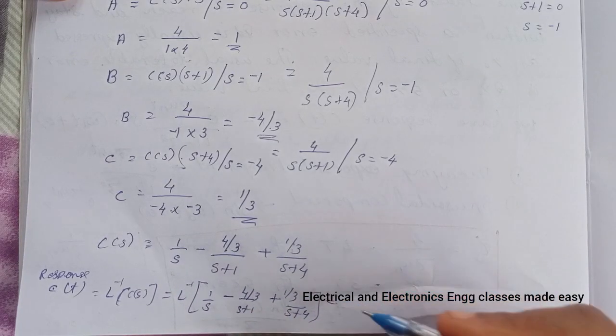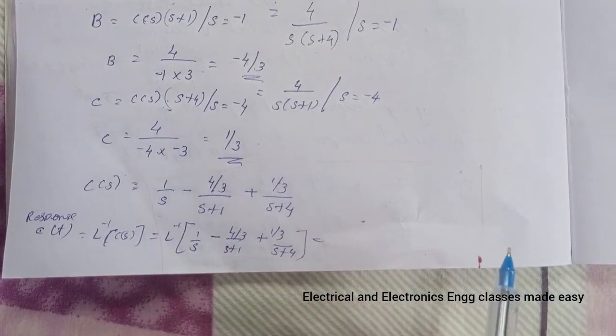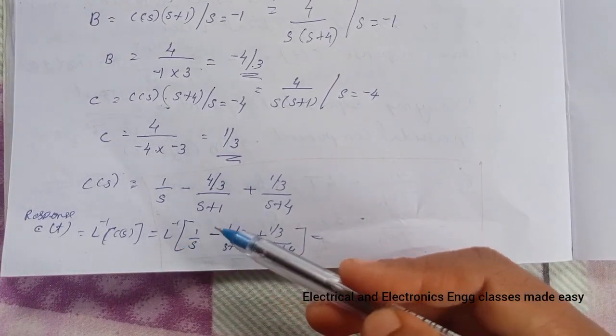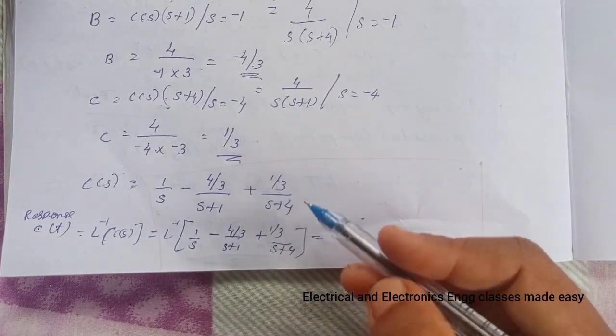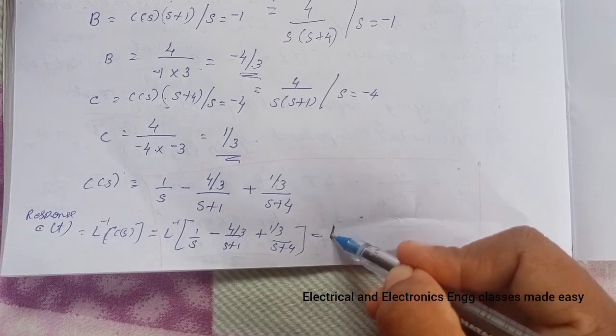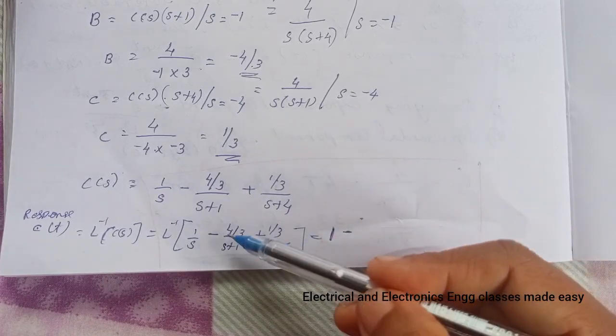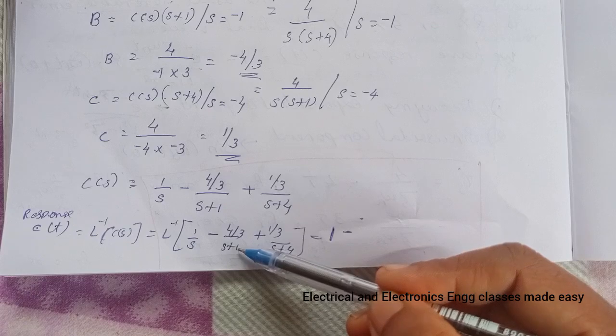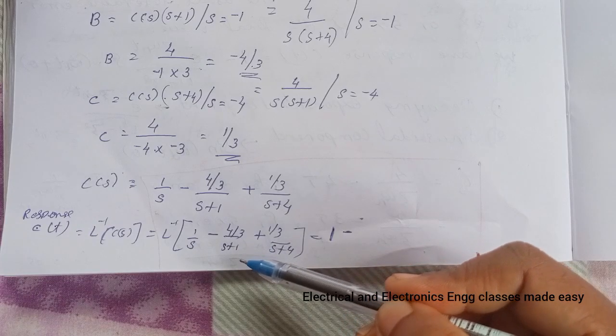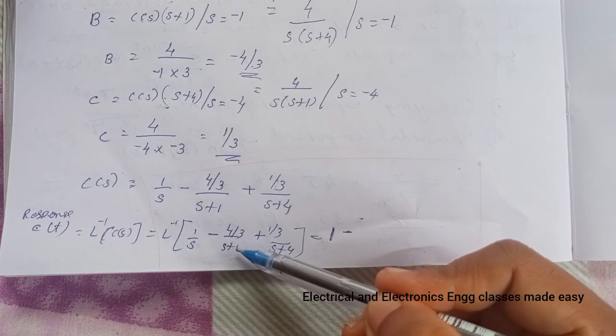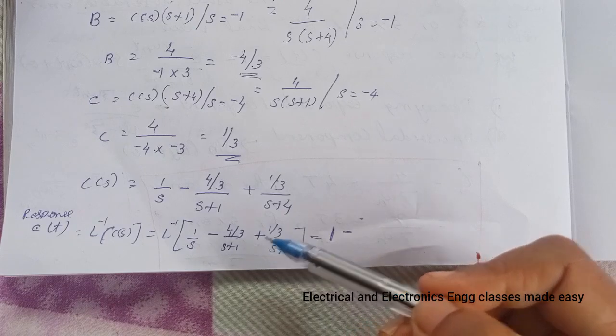The Laplace inverse of 1 divided by S is equal to 1, and that of 1 divided by S plus 1 is e raised to minus t.